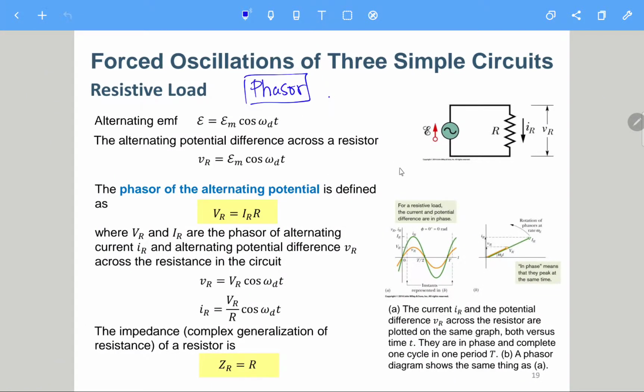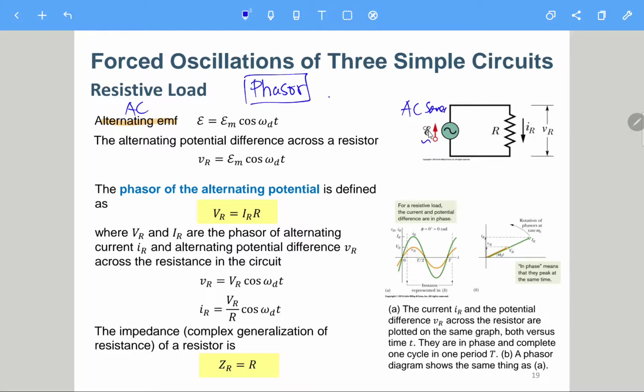But let's see here, we have a resistor in series with an alternating EMF. Rather than having a DC battery here, we have an alternating EMF, or an AC source. Usually we call it an AC source, which means it is a sinusoidal.